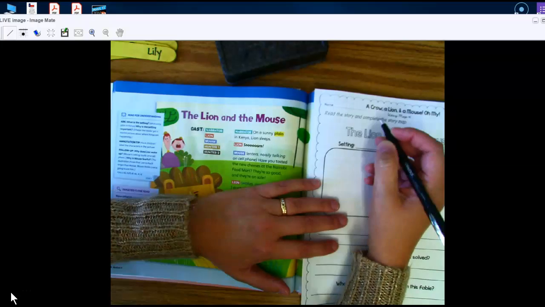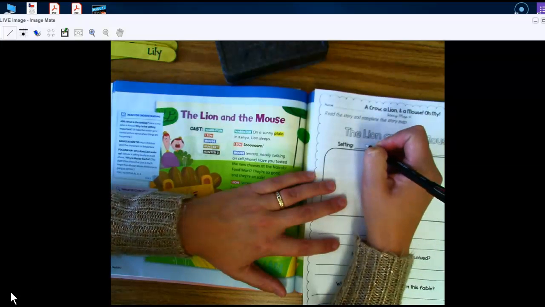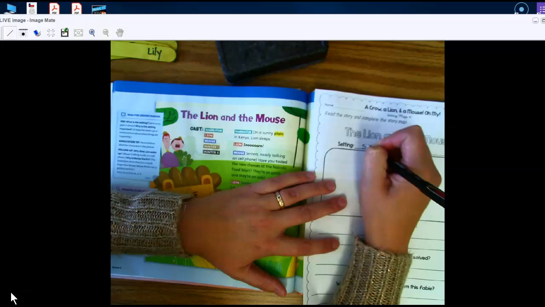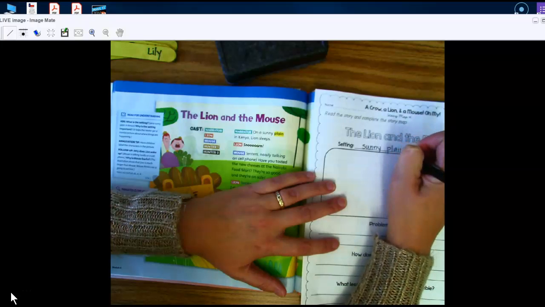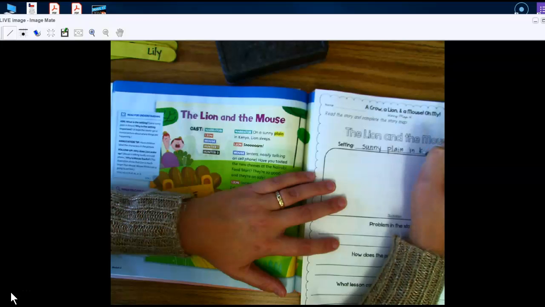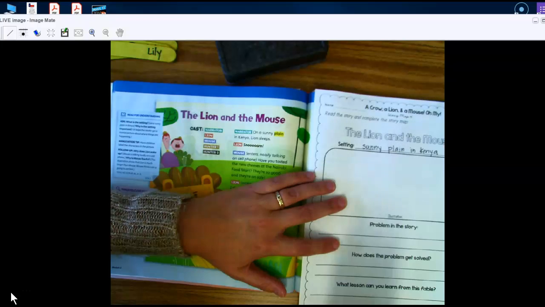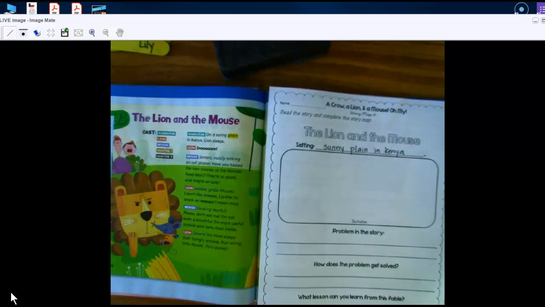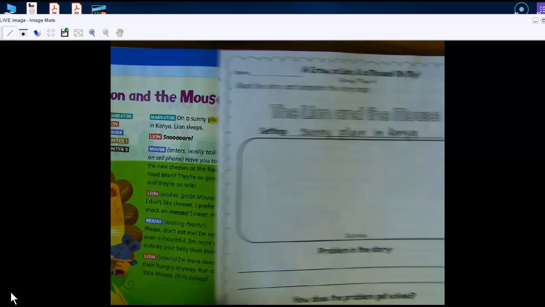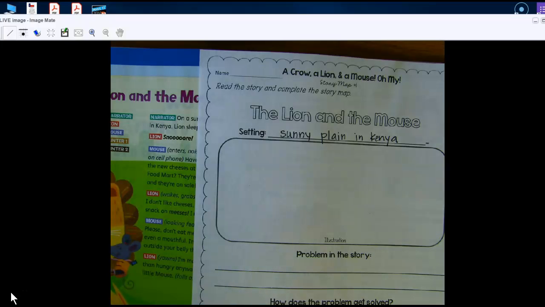Help her out, Gracie. Right, a sunny plain in Kenya. That's where this takes place. We can write that down. A sunny plain in Kenya. This is a plain spelled with the A-I. Sunny plain in Kenya.